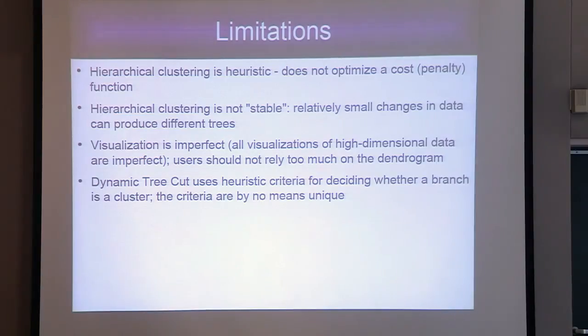It is not a stable method in the sense that relatively small changes in the data can produce different trees, at least trees that look very different, and give you somewhat different modules.